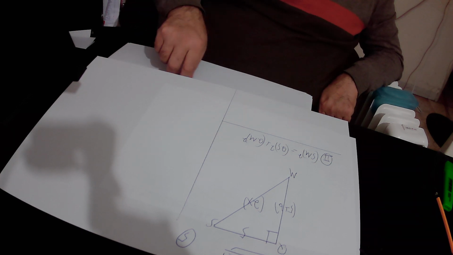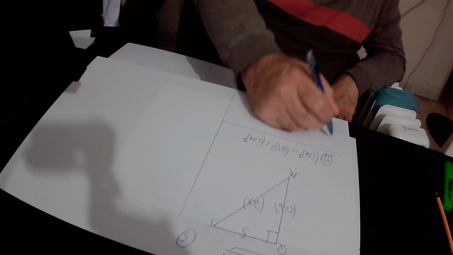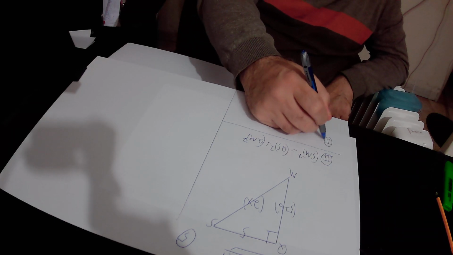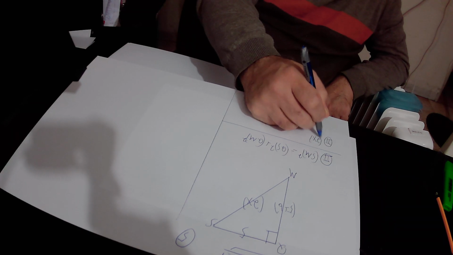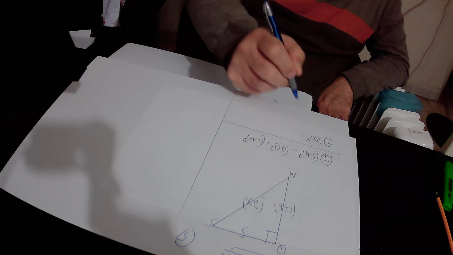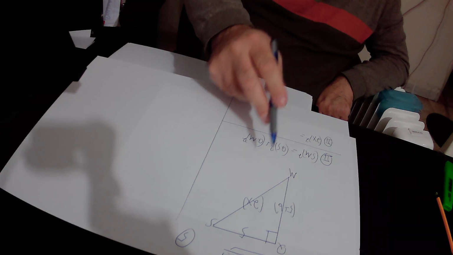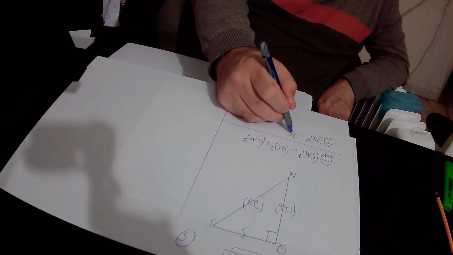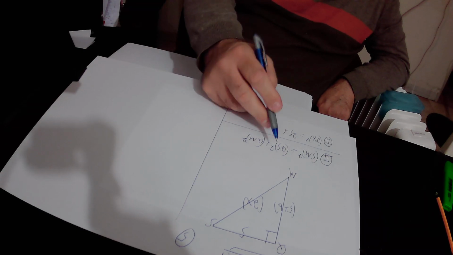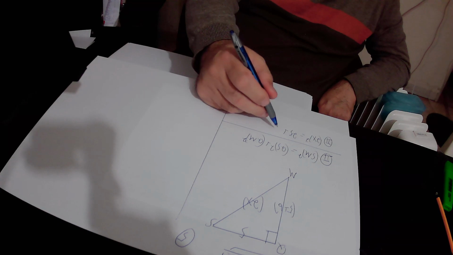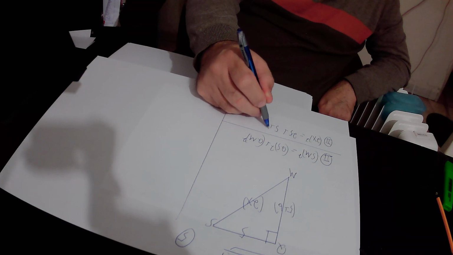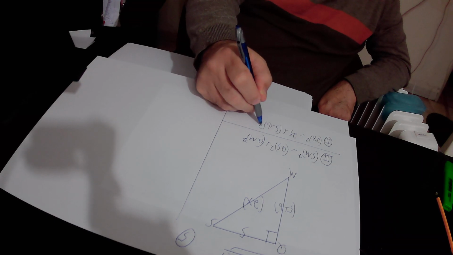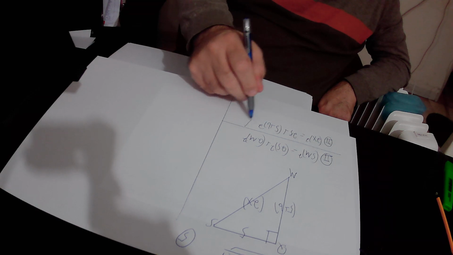SM is 2x, therefore SM square is 2x squared. This is equation number 2. And it equals QS square. QS is 5, therefore QS square is 5 squared, that is 25, plus QM square. QM is 5 plus b, therefore QM square is 5 plus b squared. This is equation number 2.